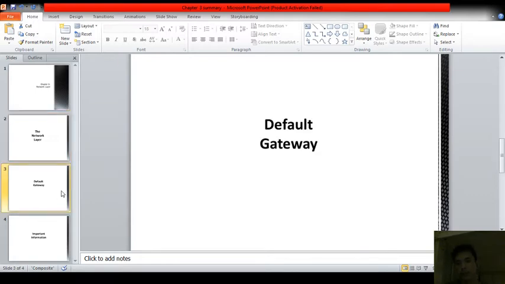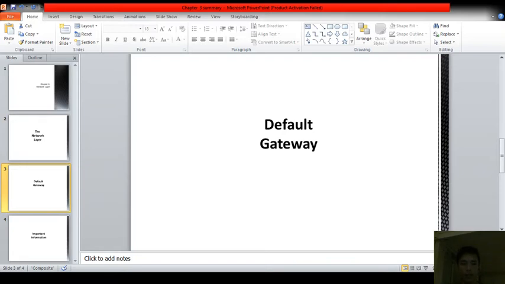Next we are going to discuss the default gateway. The default gateway is the network device that can route traffic to other networks. It is the router that can route traffic out of the local network. The default gateway is the IP address of a router interface connected to the local network.